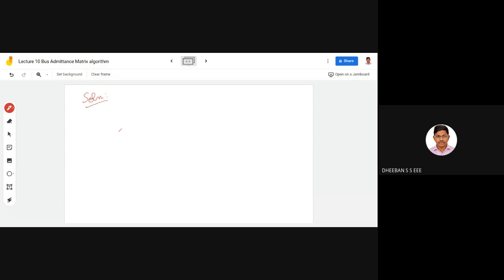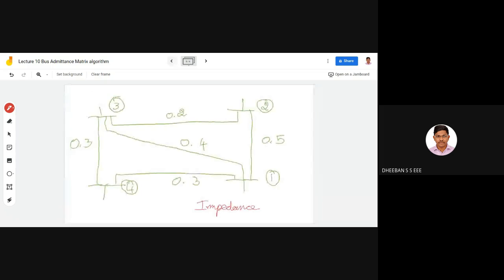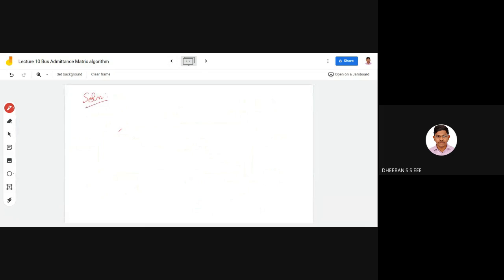So this is the problem. I'll be drawing in a simple format sideways, so it will be easy for you.